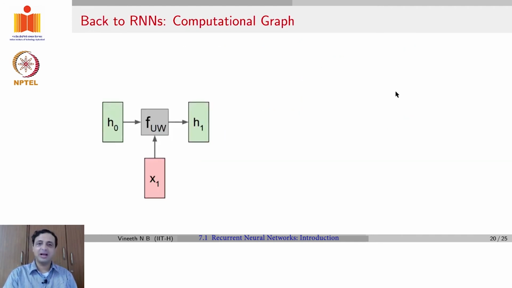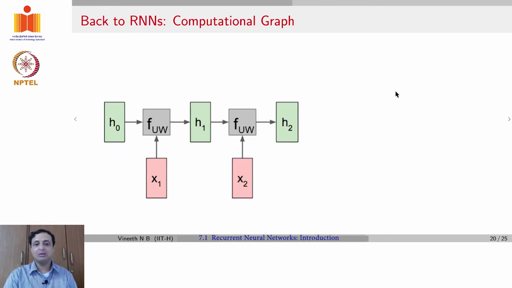Now coming back to RNNs, since RNNs are slightly complex, let's try to view RNNs from the point of view of computational graphs. So given input x1 and h0, the input is given to f_W, which is what we talked about earlier, and f_W outputs h1. Then h1 and x2 go to f_W again, which is the same function that is evaluated at each time step, as we already mentioned.